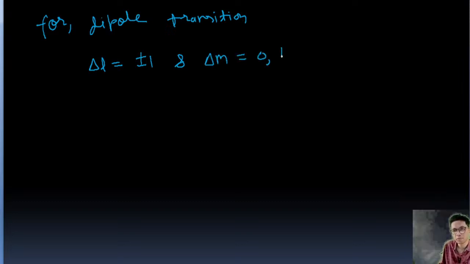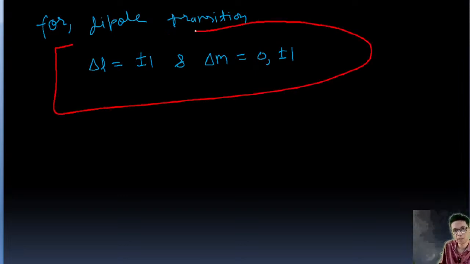Delta L is ±1 and delta M is 0, ±1. You need to note this down. This is the rule for dipole transition, and it applies in this question.